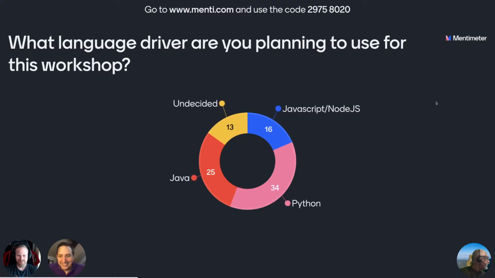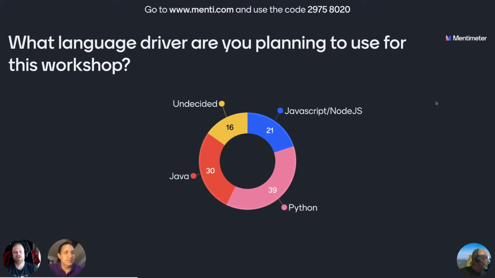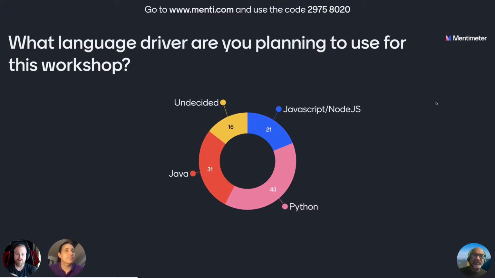This is about what we expected. Most people are going to try Python, quite a few Java. For the undecided, they're going to decide by the end of the workshop, hopefully. The cool thing is, I give mad props to Rags and Stefano and Chris and team: the repos we're going to go through, the exercises, have been set up.